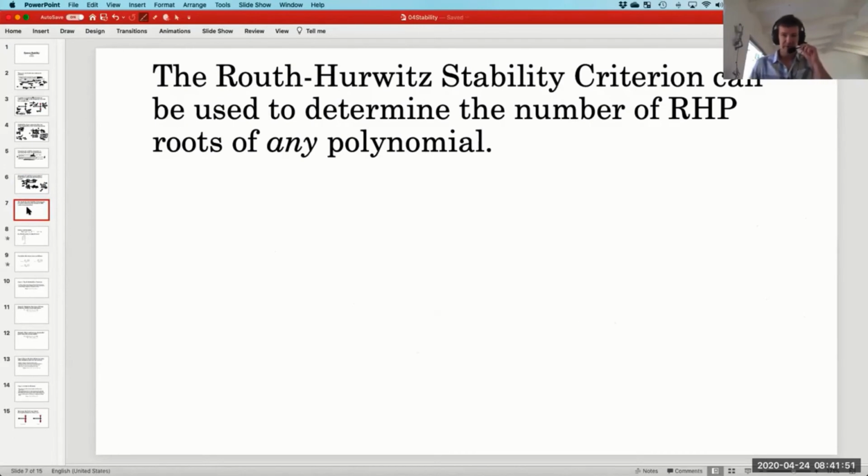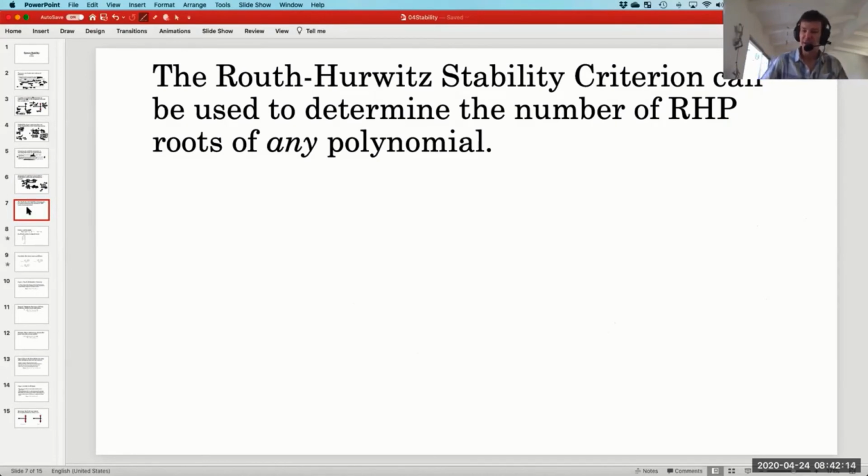So enter what's called the Routh-Hurwitz Stability Criterion. And so what Routh-Hurwitz promises is the ability to tell you, given any polynomial, including a polynomial with variable coefficients, how many roots of that polynomial are in the right half plane.